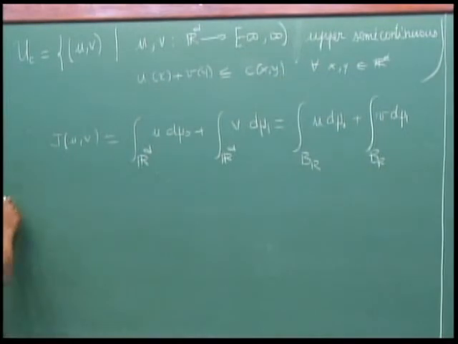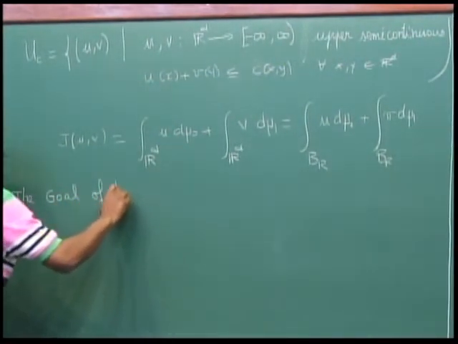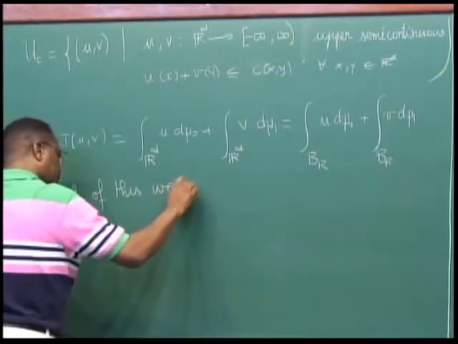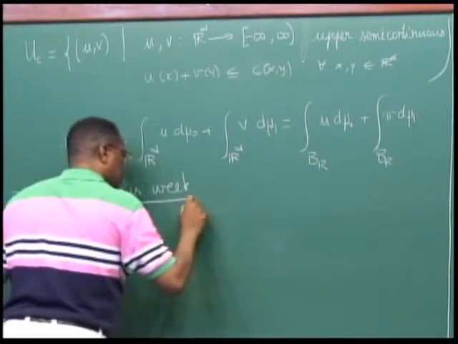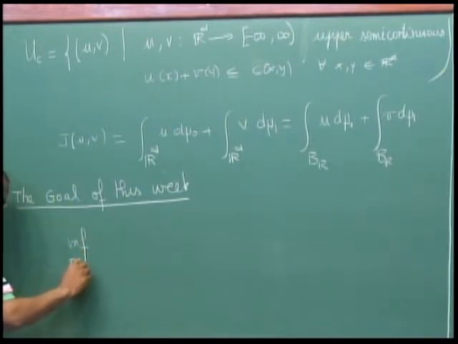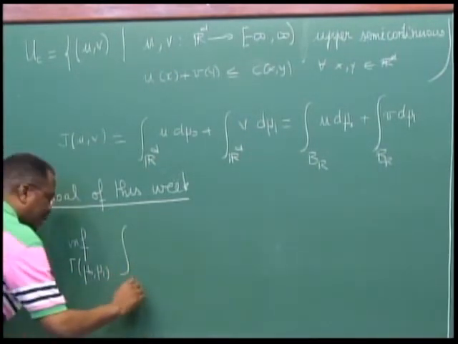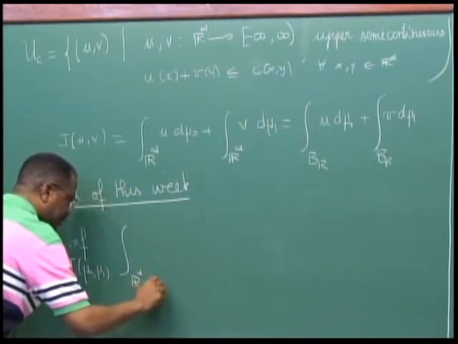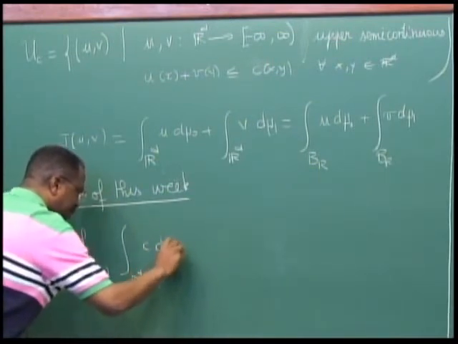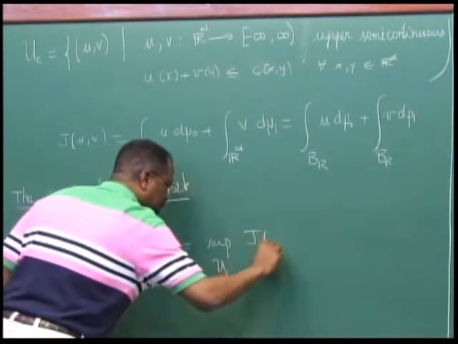So here is this week's goal. We want to show that the infimum over gamma in Gamma of mu naught, mu 1 of the integral over R^D cross R^D of c d gamma is the supremum over Uc of J of u, v.